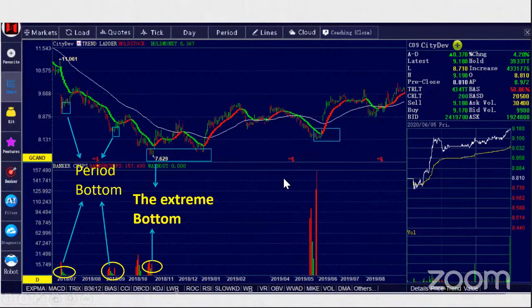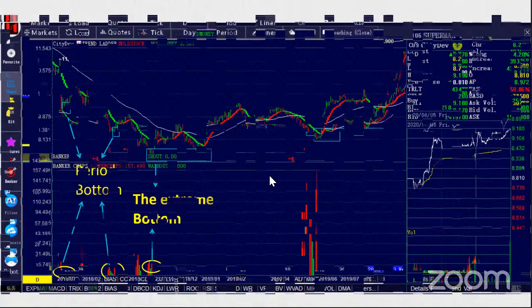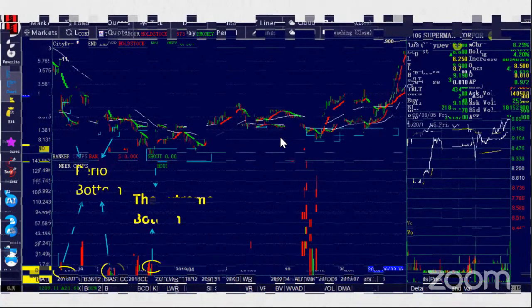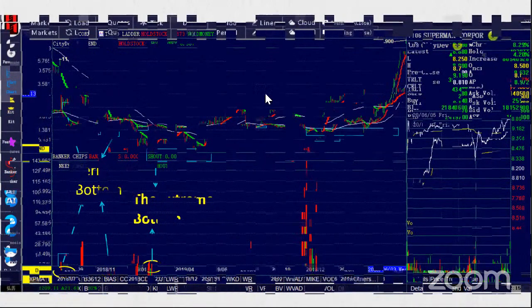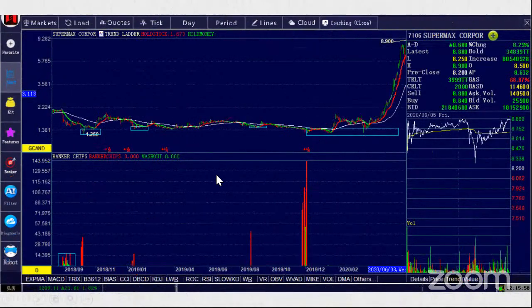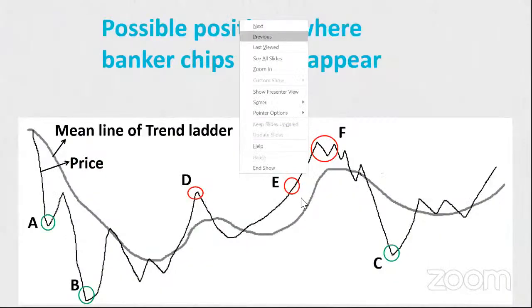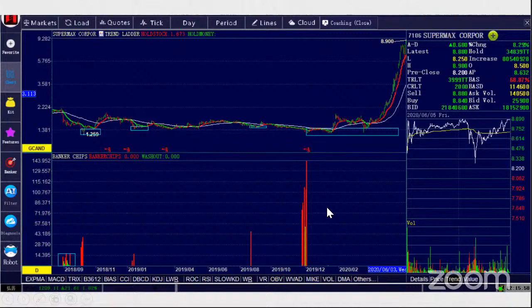Okay, so another example roughly to show you. You see the extreme bottom is here, right? So after this time, banker chips appear, then the price gave us a very forceful rally. And of course, banker chips, it's not like when it appears, you buy immediately.